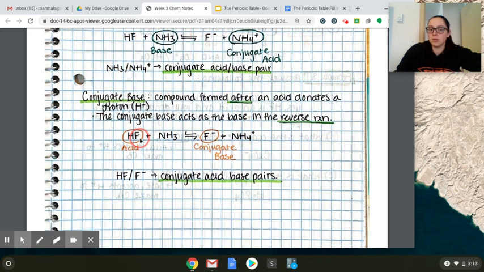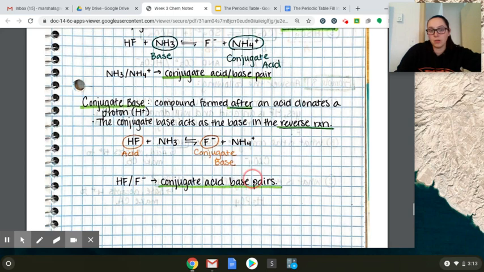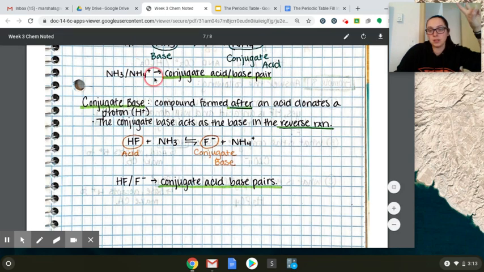When it donates a proton, we are left with F-. That's our conjugate base accepting the proton from NH4+ and making HF again. Hydrofluoric acid and the fluoride ion are also considered conjugate acid-base pairs. So in this reaction, there are two conjugate acid-base pairs. HF and F- is one pair, NH3 and NH4+ are the other pair.